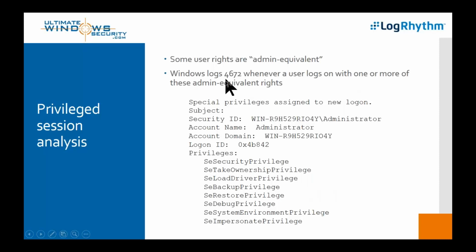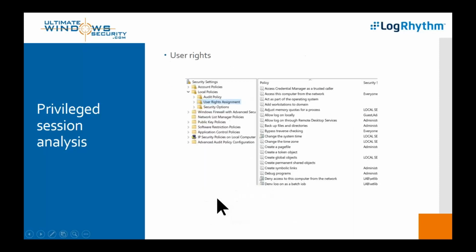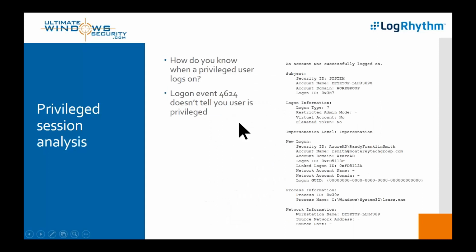When we get a 4672, if we want to know the logon session type, was this at the keyboard and screen, was it remote desktop, was it network, was it service, then we've got to get the logon ID out of 4672 and look for a 4624 from the same computer, very, very close to the same time, bearing the same logon ID down here in new logon.